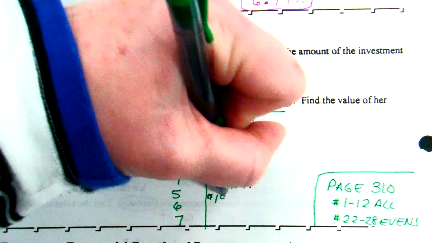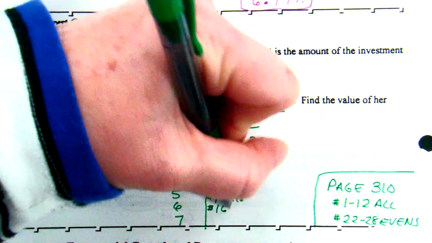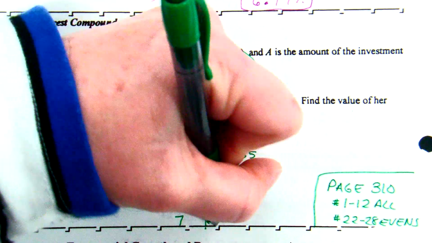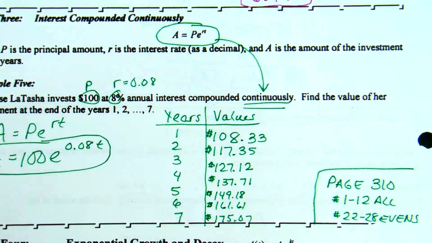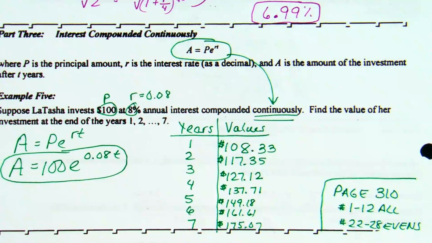At 5 it's 149.18. At 6 it's 161.61. And at 7 it's 175.07. Okay, your homework, 1 through 12 all and 22 through 28 evens.